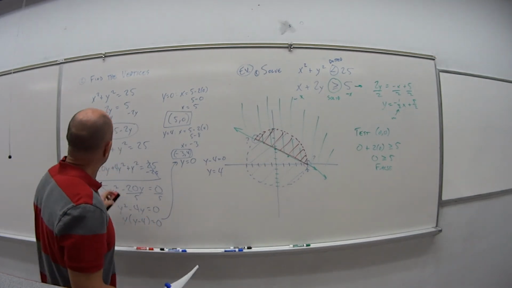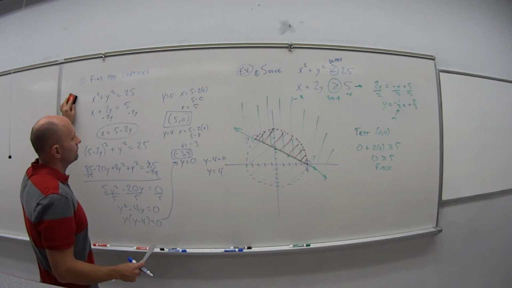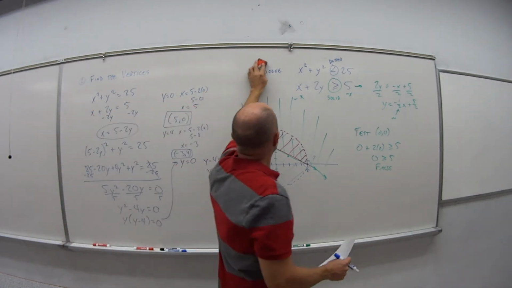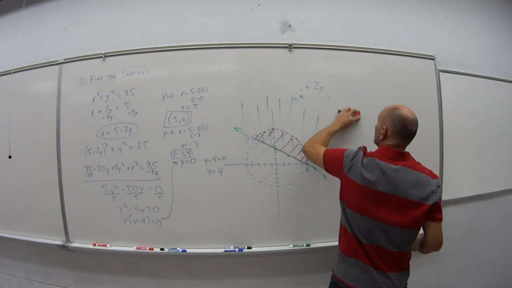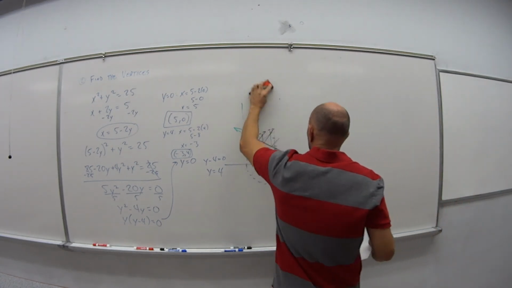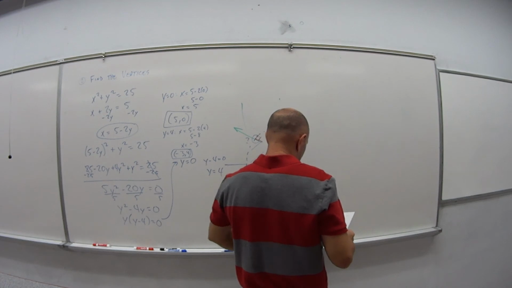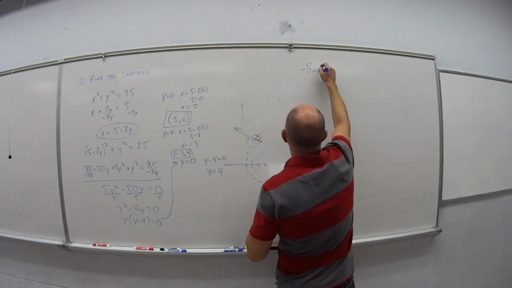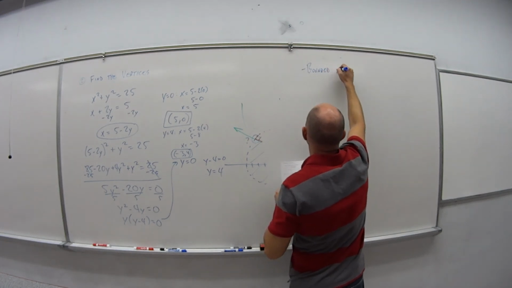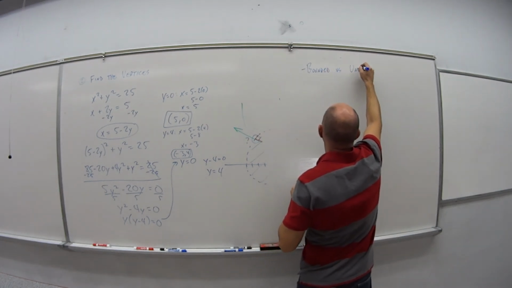All right, so I'll just erase this. The last little bit from this section and the end of this video, video 2, is just talking about the definitions and the idea of bounded versus unbounded.